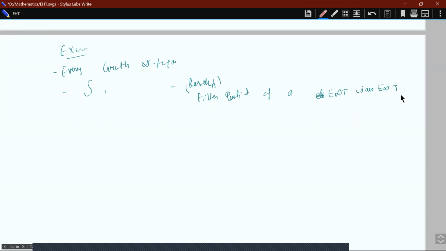Now just to add to this, there are topoi where I won't get into the details. We have these realizability topoi, which are examples of elementary topoi that are not Grothendieck topoi. There are different flavors of realizability, but let me not get into it.